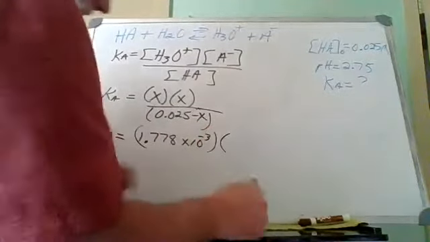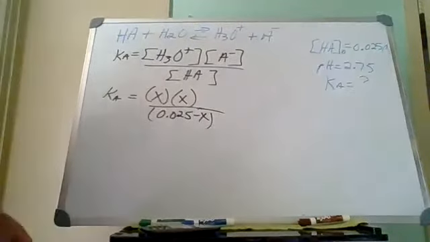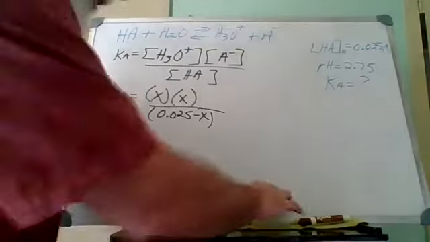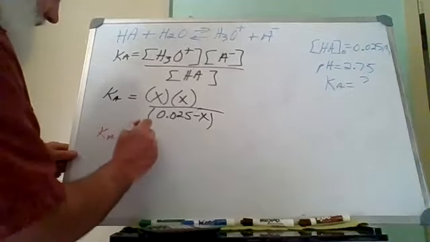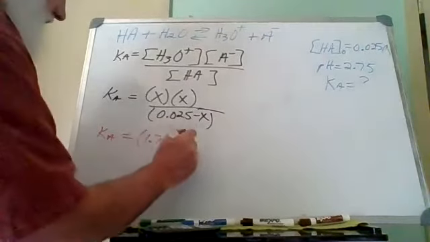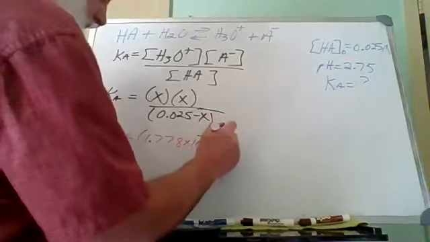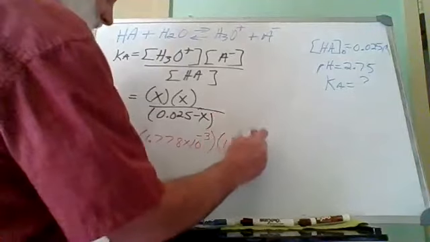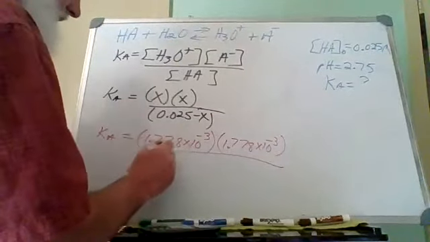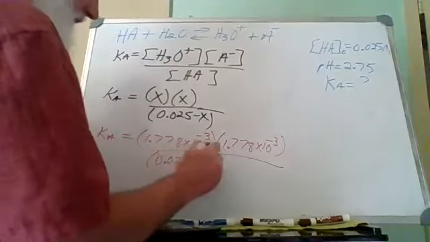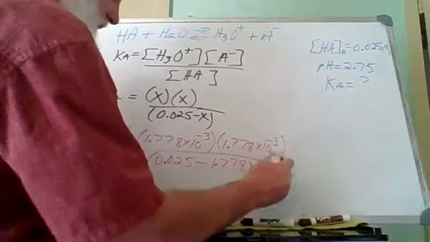Let me write it in a different color, because I'm writing them close together and I'm going to run out of room, so you can spot the different lines. It's 10 to the minus third molar, and 1.778 times 10 to the minus third divided by 0.025 minus 1.778 times 10 to the minus third.